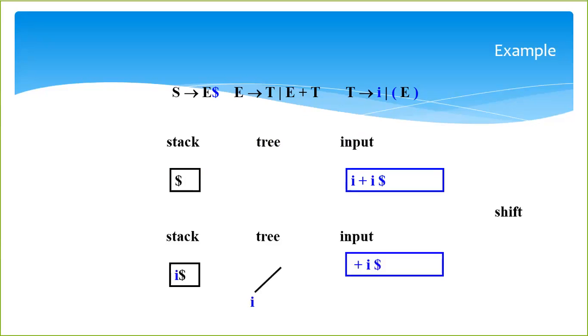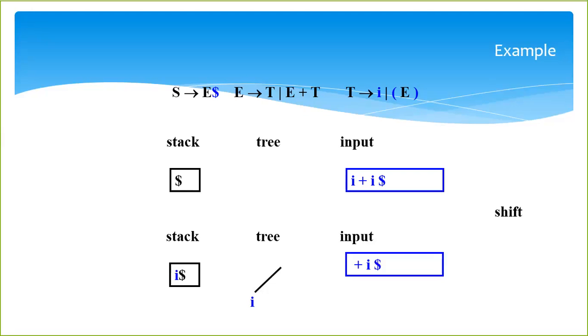So what we are doing over here, we have first shifted the I. Dollar is a symbol which is kept in the empty stack, and we keep on shifting the input starting from left towards right, one at a time in the stack. The moment you start shifting, the symbol should be incorporated in the tree structure, because what I told you at the beginning, we are supposed to construct a parse tree at the end of the operation.